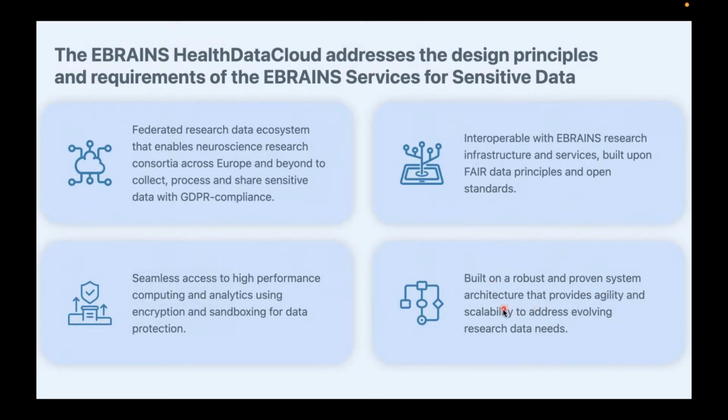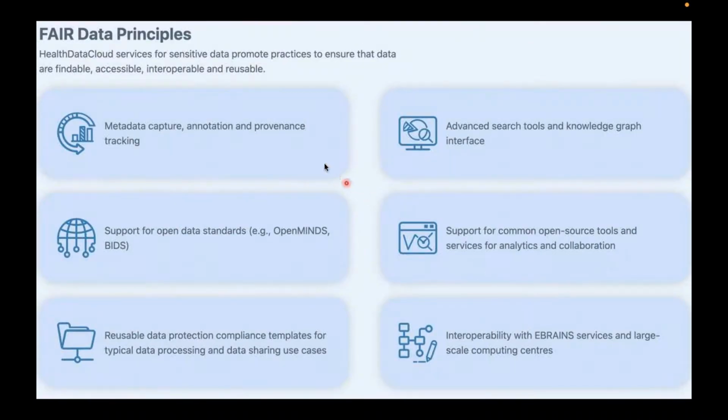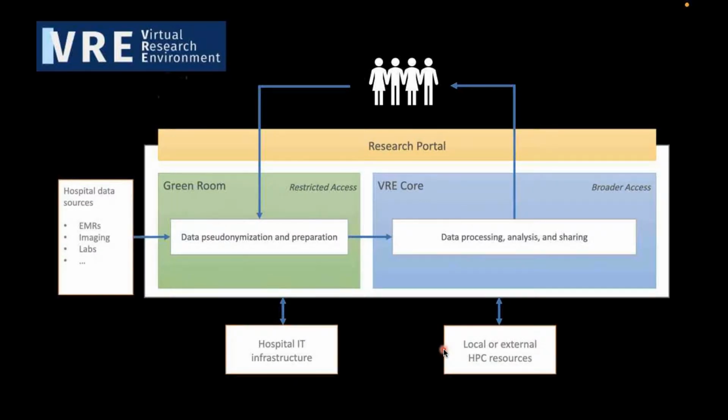This logic is now also extended towards EBRAINS with the Health Data Cloud, where services similar to those provided by the VRE are implemented and deployed in the EBRAINS infrastructure, to have a federated research data ecosystem that enables neuroscience research consortia across Europe and beyond to collect, process, and share sensitive data in a GDPR-compliant manner, with seamless access to supercomputers, interoperable with metadata, and built on the best practices of cloud computing, which also provides agility and scalability.